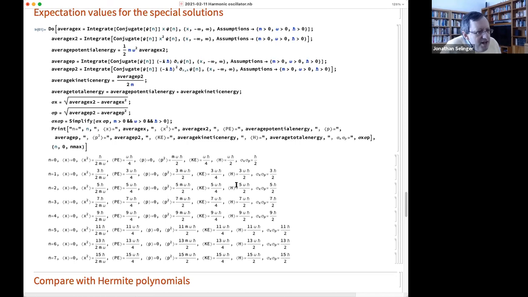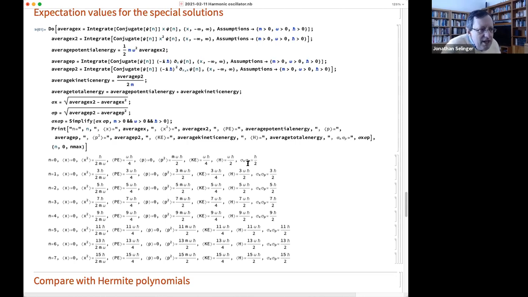Then the average of the Hamiltonian is the sum of the average potential energy and the average kinetic energy. So it keeps going up in steps of h bar omega. That's just like what we found when we were making the ladder of states, that there ought to be steps of h bar omega.